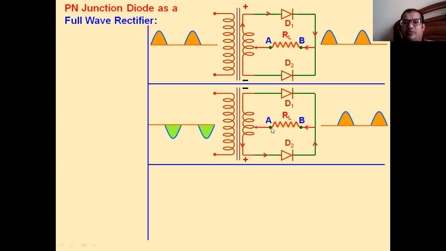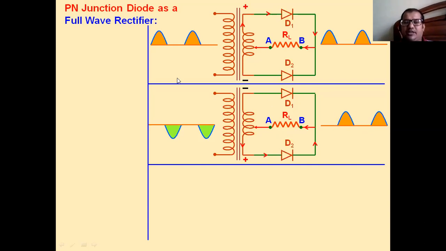So both half cycles, positive half cycle or negative half cycle, appear in the output voltage, but the direction is unidirectional, that is from B to A. In both half cycles the direction of current is from B to A, so the output has unidirectional property, as shown in the figure.